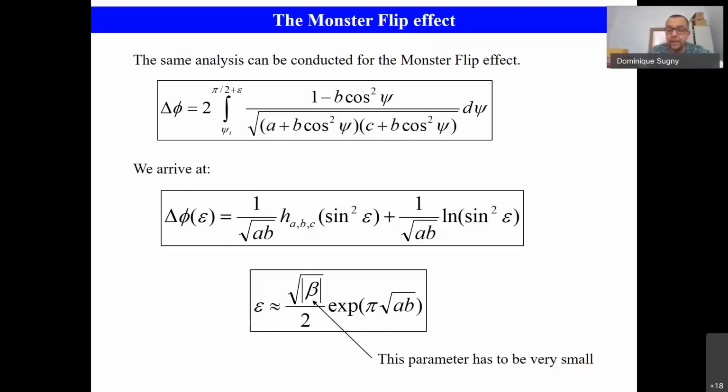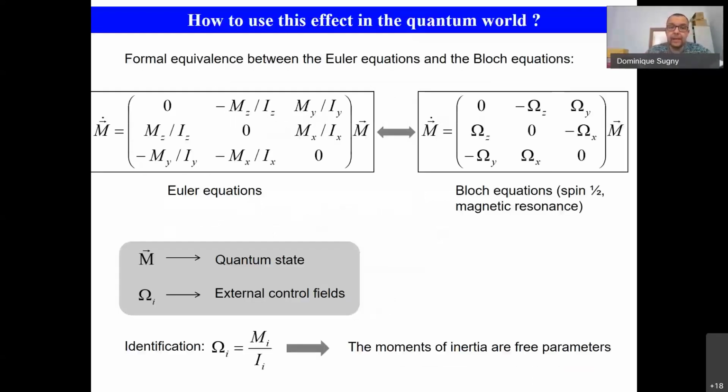This formula concludes this classical part, and now the next question is to try to apply such classical results, describing these geometric phenomena, in the quantum world. And the idea is the following. We are going to use a formal equivalence between the Euler equations and the Bloch equations.